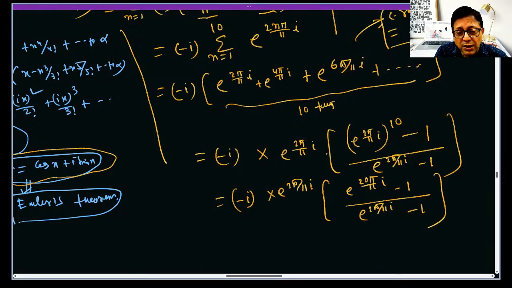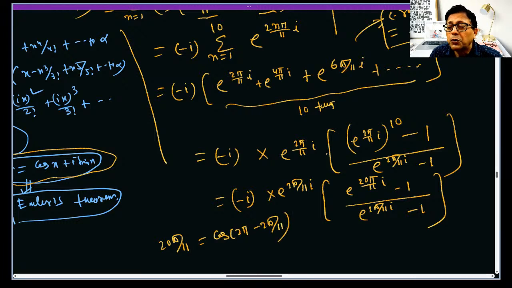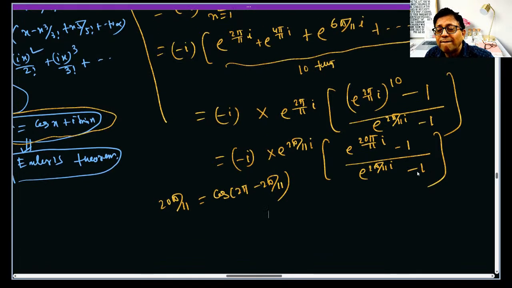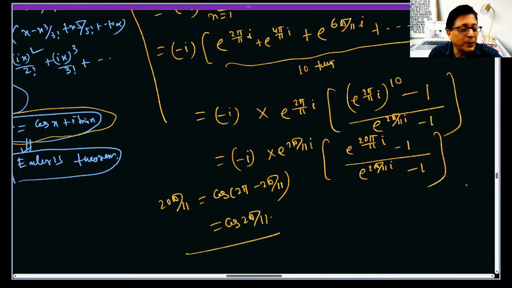Now 20π/11 is 2π minus 2π/11, so this is cos 2π/11 only.